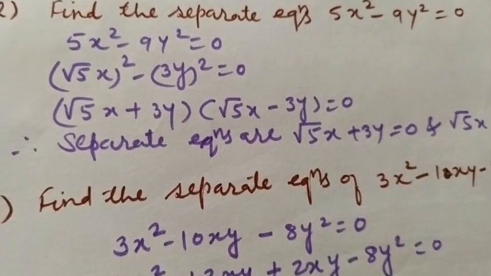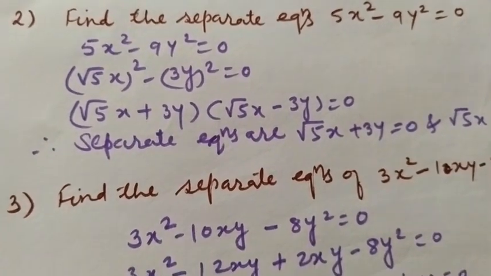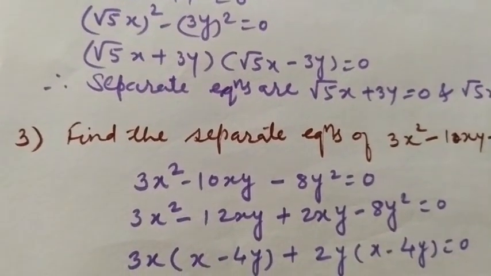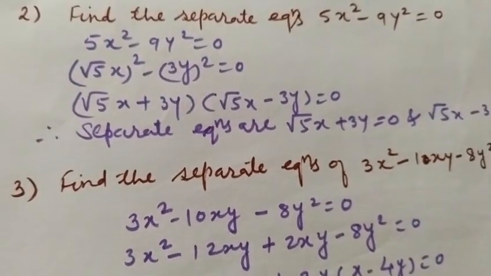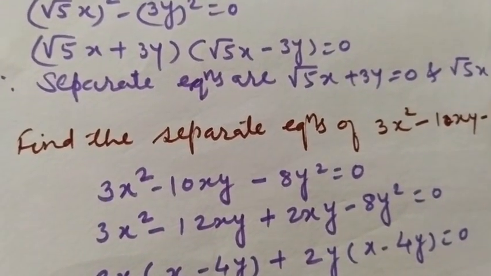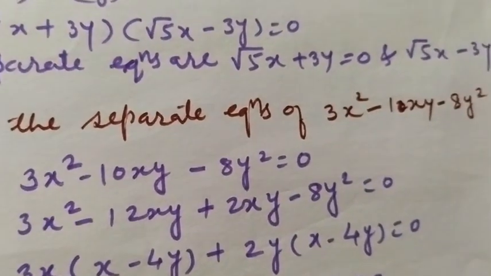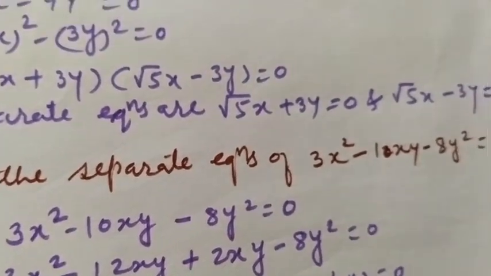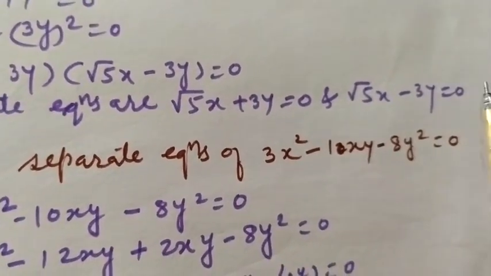Therefore the separate equations are √5 x + 3y = 0 and √5 x − 3y = 0.